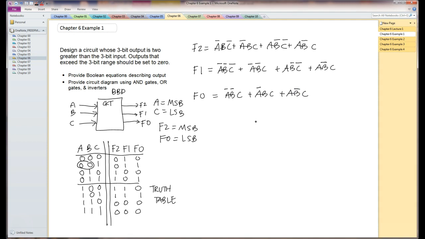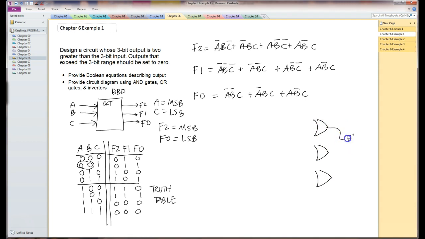Next we want to draw this circuit. This is going to take too long, so I'm going to point out something to save time. It's essentially a giant circuit. I'll draw roughly what it's going to look like.